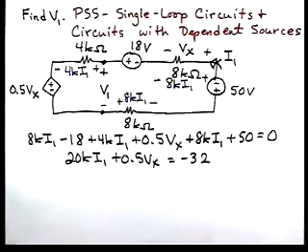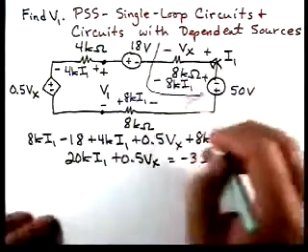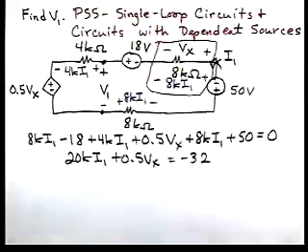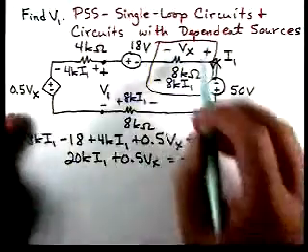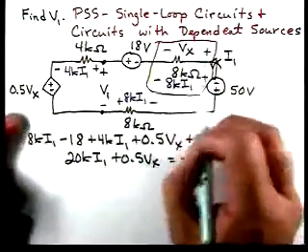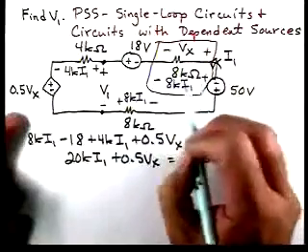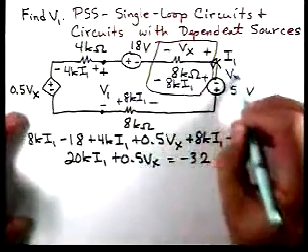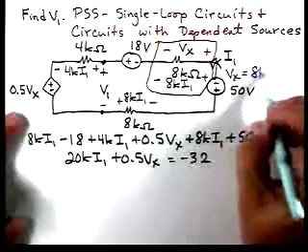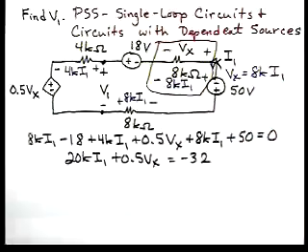Now we need to express Vx in terms of our assigned current. So if we look at our resistor here in the circuit, we look at the voltage Vx and then look at this voltage in terms of the current, we can see that Vx is 8K I1.